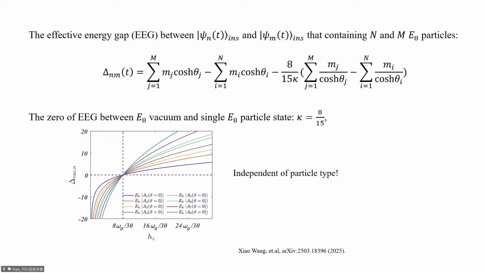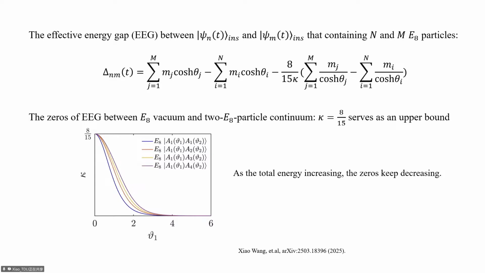Here one eigenstate is the vacuum and the other is the single-particle state. You will find that this point is given by kappa equals 8/5. This 8/5 is a typical scaling exponent for the quantum Ising model, and this is independent of particle type during this process.